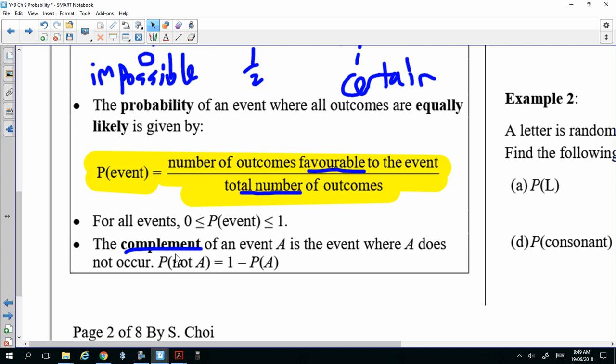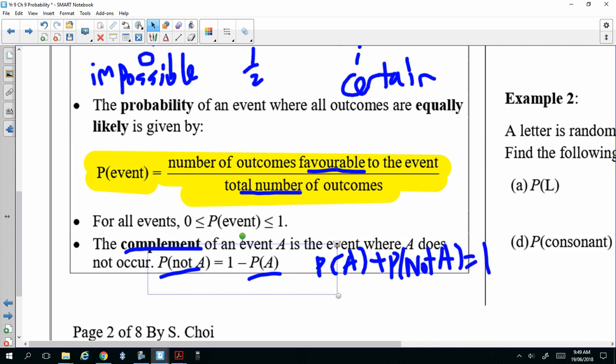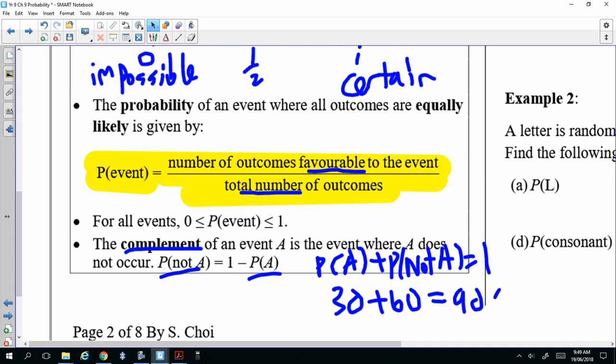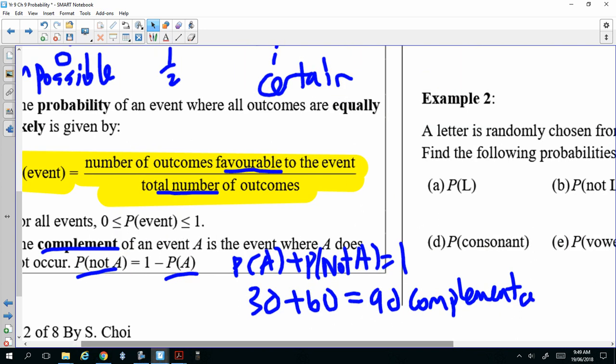So the probability of A plus the probability of not A equals 1, whereas complementary angles add up to 90. Complementary probability means they add up to 1. See the difference and similarity between them.